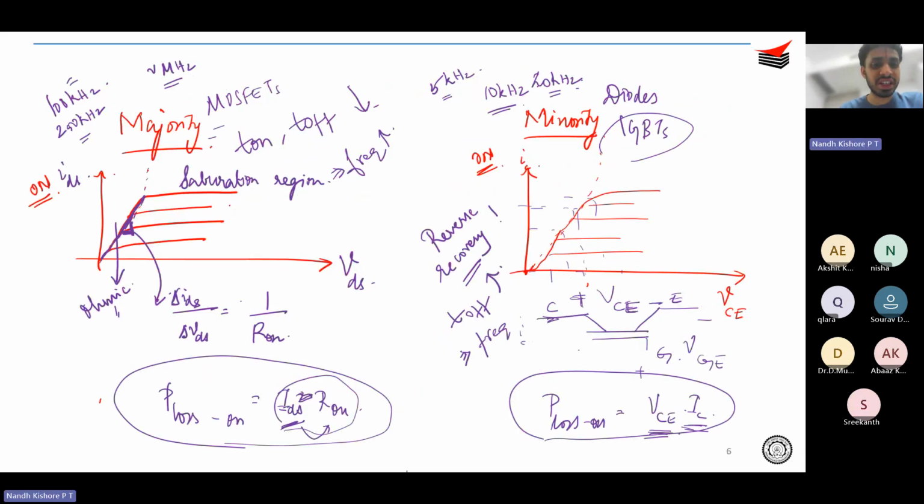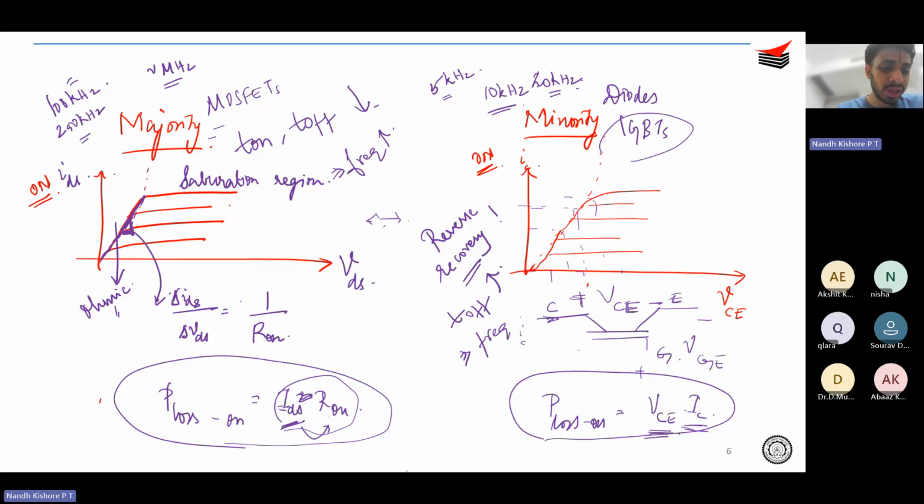Yeah, so as I was telling, it shows both the static curves over here. From this itself, you can understand that in the majority carrier device, the MOSFET, the loss is I square R, I square into R on, and R on is actually the slope in your VI characteristic, right? So the slope gives you delta I by delta V, or 1 by the slope will give you your R on.